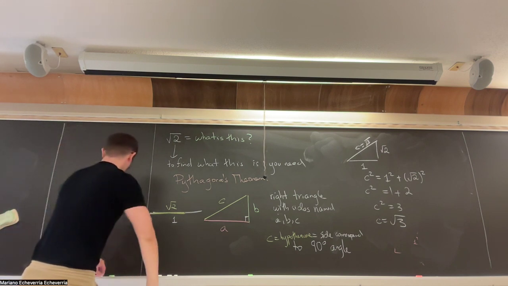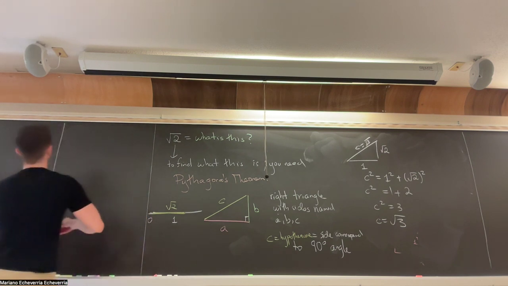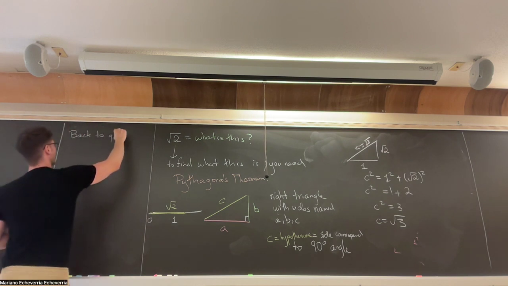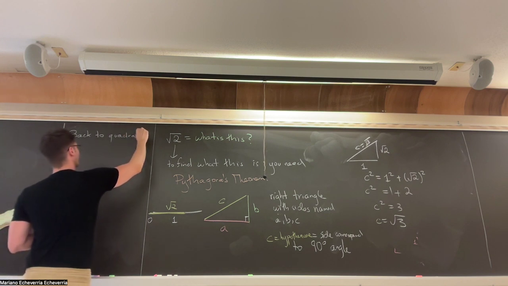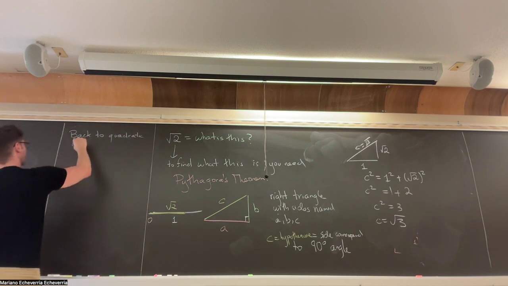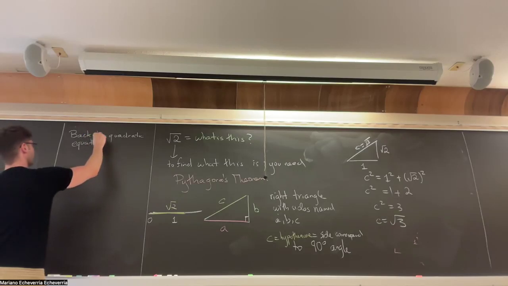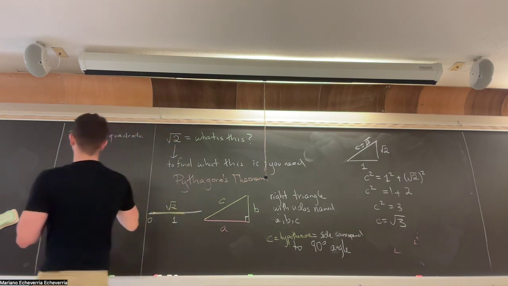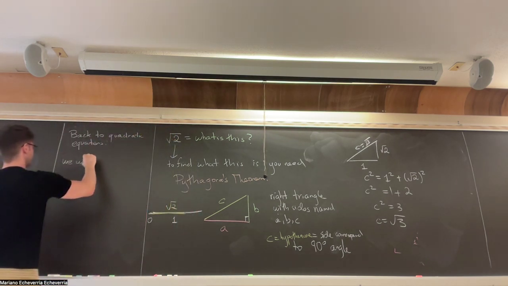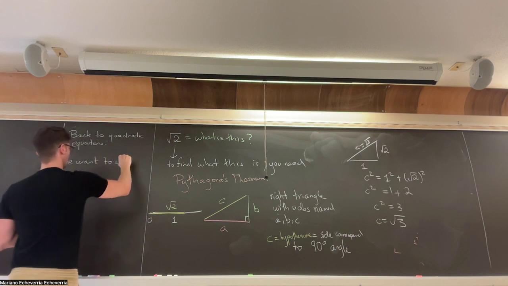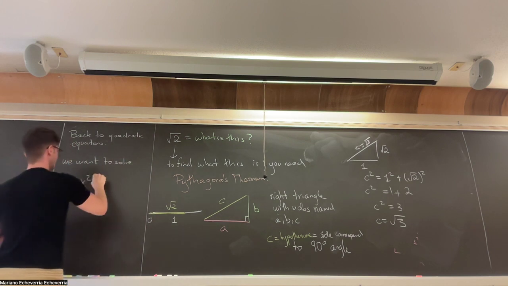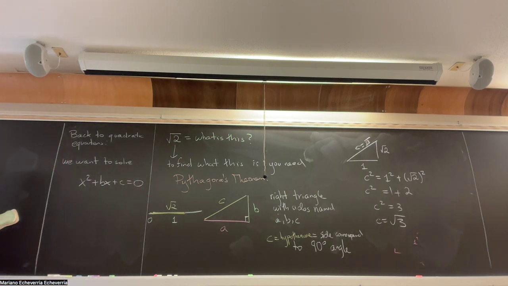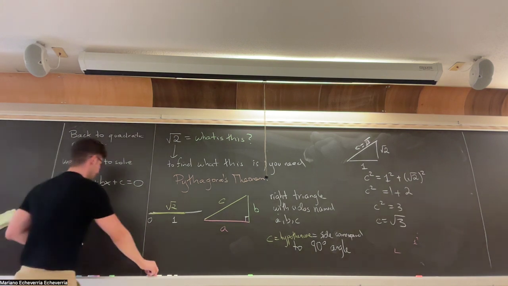So I want to tell you a way to solve an equation like this. We want to solve something like x squared plus bx plus c equals 0. Here are some examples of the types of equations I'm trying to solve.